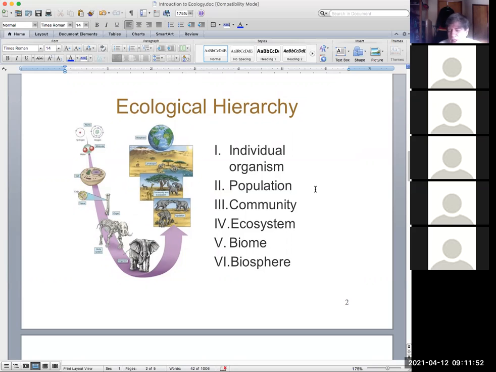And a population is all the individual organisms of one species. So all the Homo sapiens, or all the gorillas, or all the Pan troglodytes, or whatever type of organism we happen to be looking at, it's all the individuals of that species that live in a local area. Now remember what we talked about a little bit with evolution. How big is this local area?